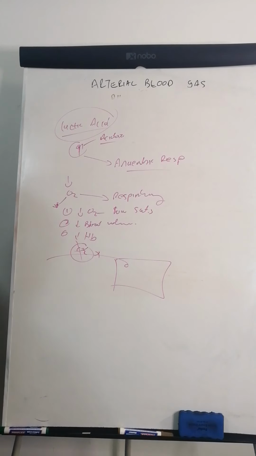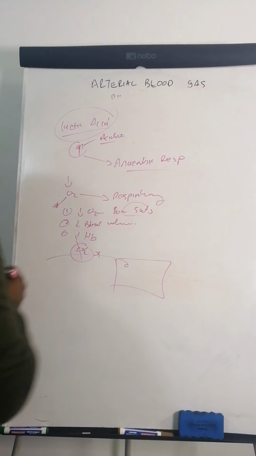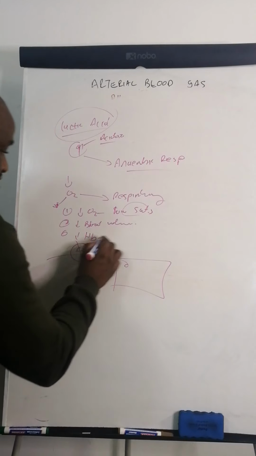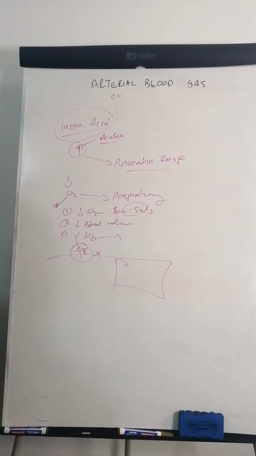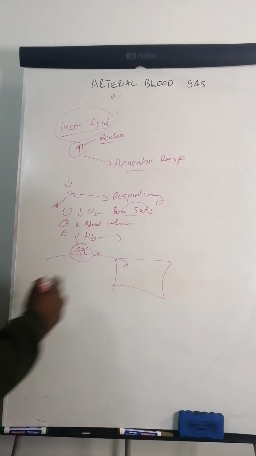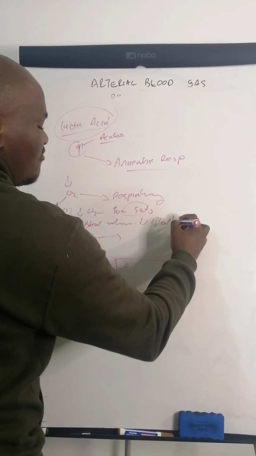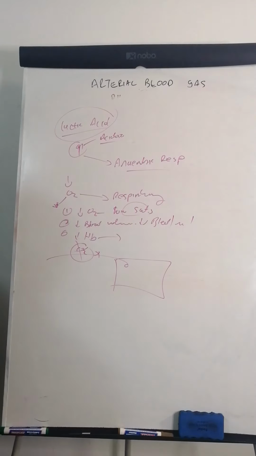Maybe the patient is not breathing well, so you've got low sats there. Maybe you've got enough oxygen, but the problem is your Hb, you've got some kind of anemia, hemorrhagic anemia, whatever anemia it is. Or maybe these are fine, but the problem is that you've got reduced blood volume. Maybe you bled, maybe you vomited a lot, or maybe you had diarrhea, whatever can reduce your blood volume. Because you can have 1 million red cells, but if you don't have enough plasma for the flow, you're going to have stagnant blood that is not actually doing anything.